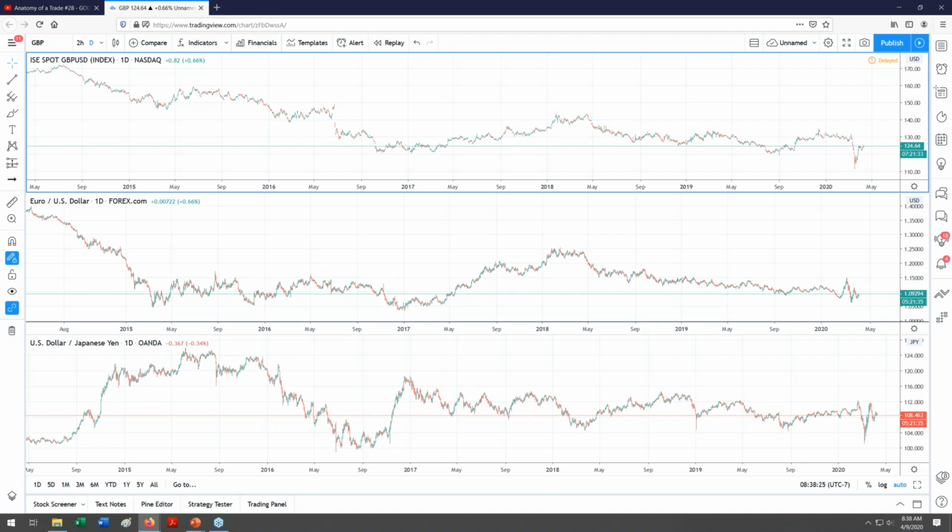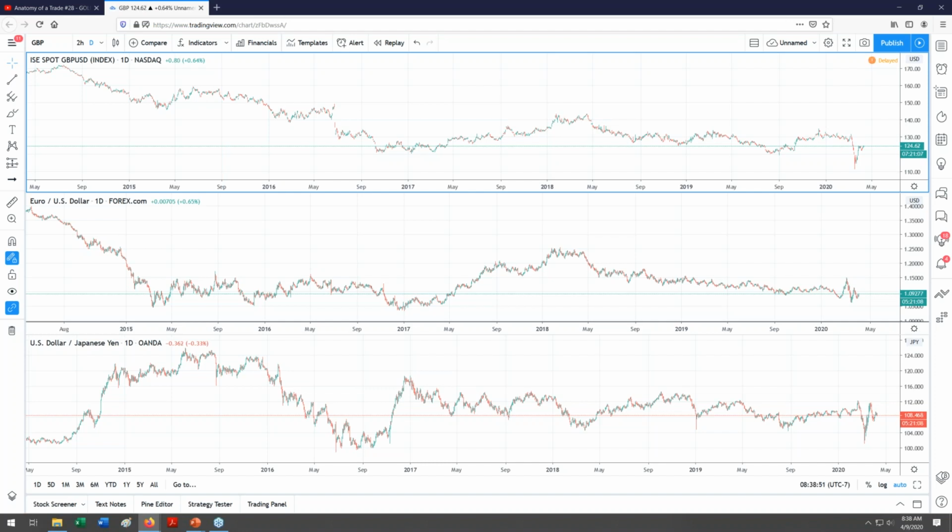When you look at the first pairs, the pound and the euro, what could you say about the structure? What kind of catches your eye? Well, if you look from the left side of the chart across to the right side, you've basically got a trend that is going from the upper left-hand quadrant to the lower right-hand quadrant.